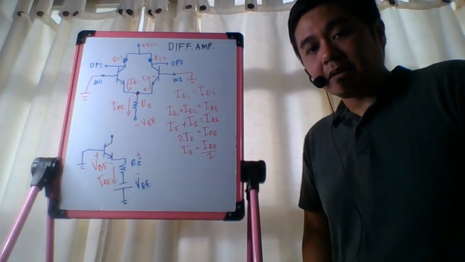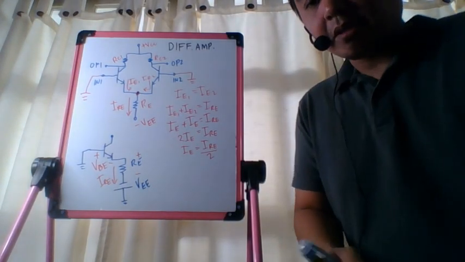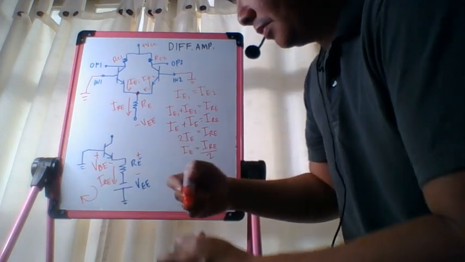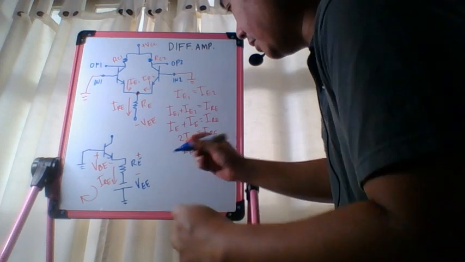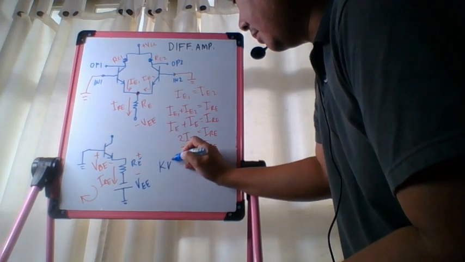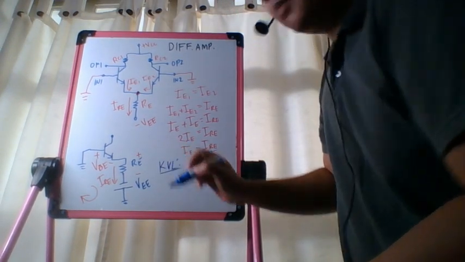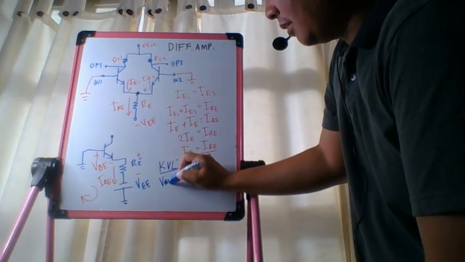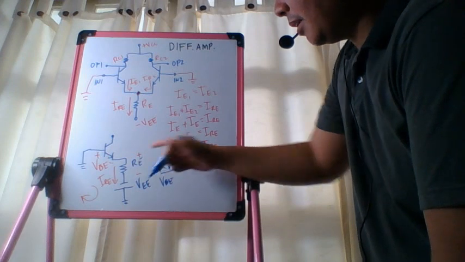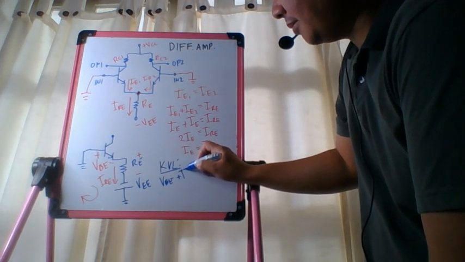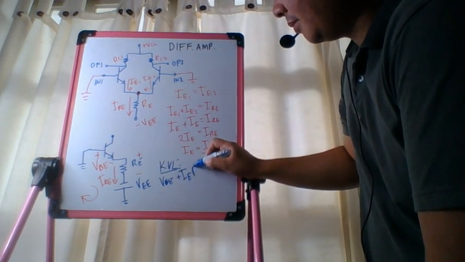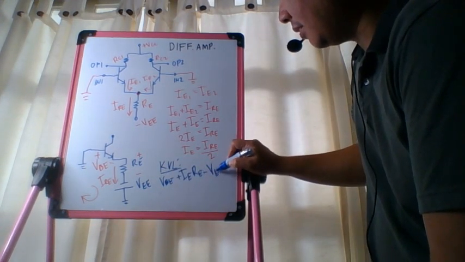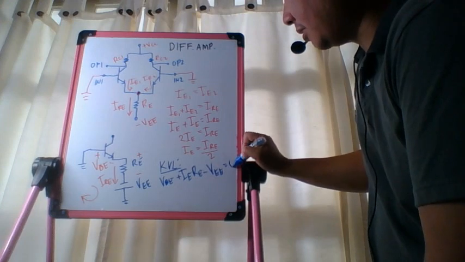Now we can write down the KVL equation, and let us do that clockwise. Writing down our KVL equation. So we have positive VBE, and then plus IERE, and then we have minus VEE equals 0.